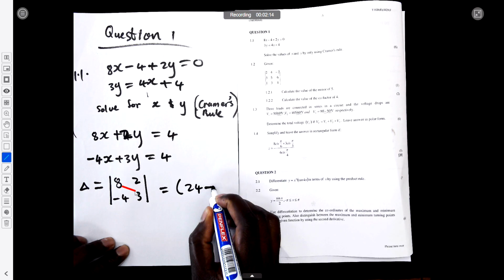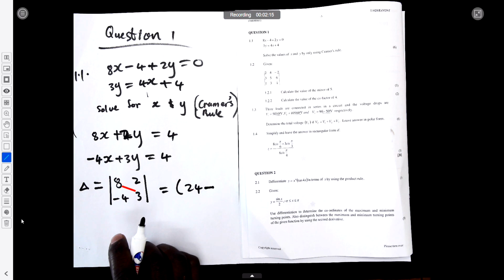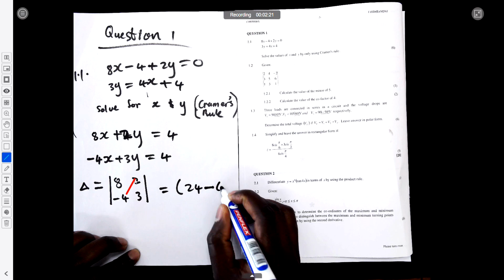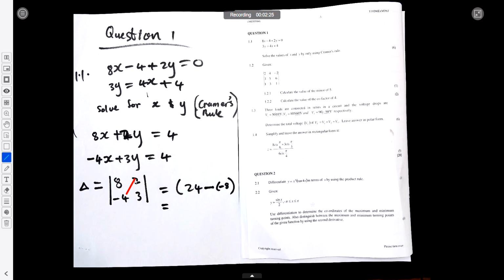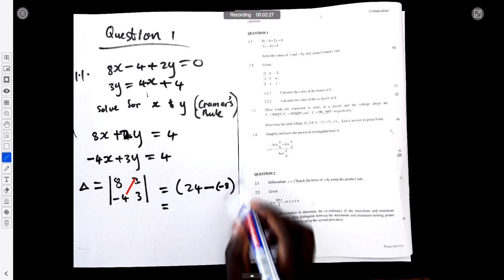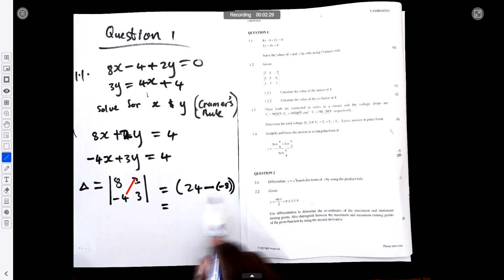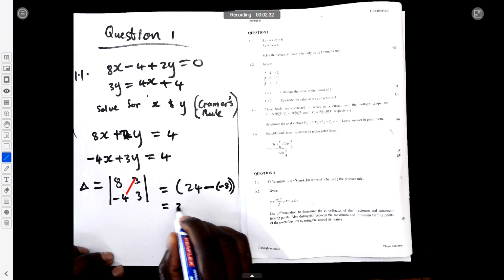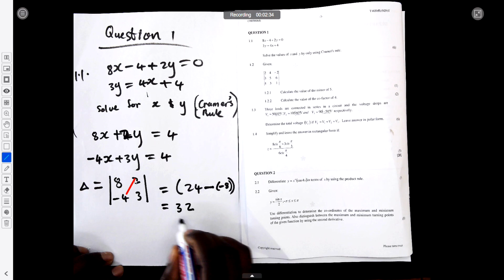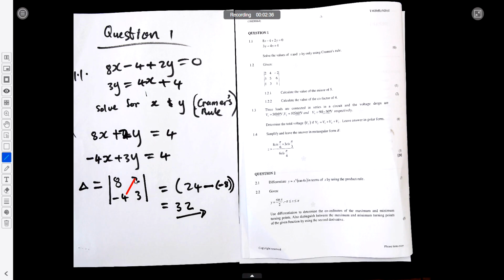Then minus, multiplying diagonally up, from minus 4 to 2, we get negative 8. So the solution is positive 8 added to 24, and our determinant is equal to 32.